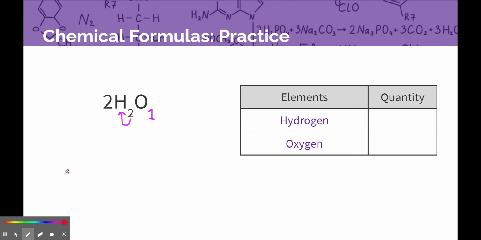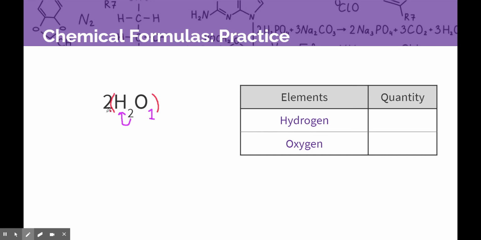So now I know that I've got 2 hydrogens and 1 oxygen in each molecule. But this coefficient tells me that I have 2 molecules that look like that, 2 molecules that have 2 hydrogens and 1 oxygen. So I still need to figure out how many of each atom there is total.